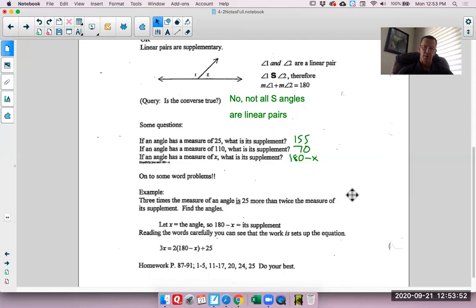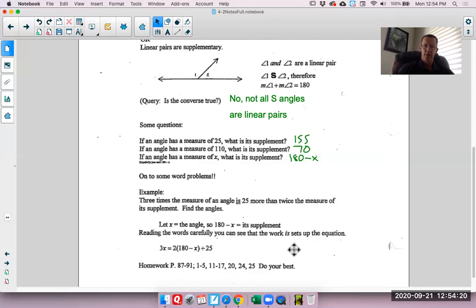So let's say X represents the measure of the angle, then 180 minus X would be its supplement. Remember this up here? If you read carefully, 3 times the measure of an angle would be 3X, equals 25 more than twice the measure of the supplement. So you want to multiply 2 times 180 minus X, that's twice the supplement, and then for 25 more, we would add 25 to it.